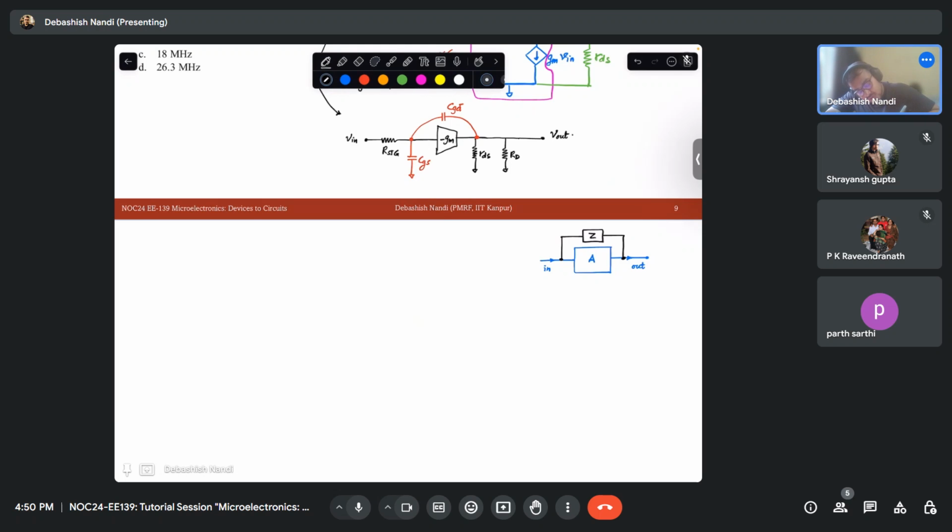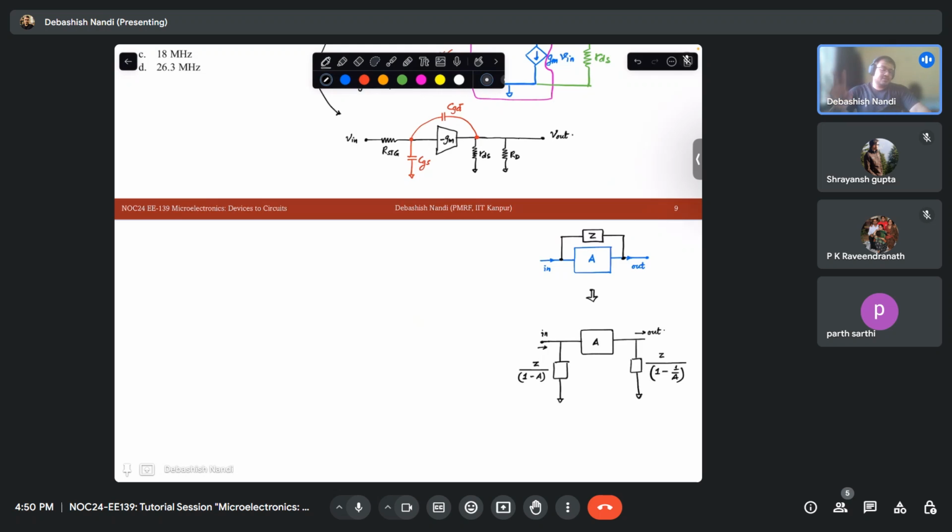This can be simplified as: this impedance becomes Z over 1 minus A, and this becomes Z over 1 minus 1 by A. A is the transfer function or the gain of the system.